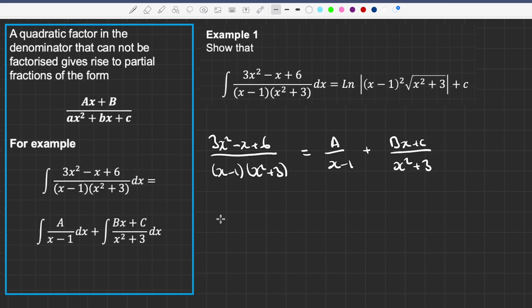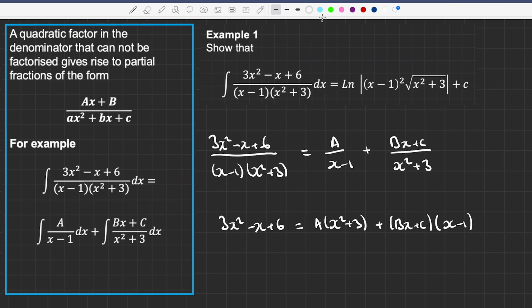So we get 3x squared minus x plus 6 is equal to, this x minus 1 will cancel with this one, so we're left with a lots of x squared plus 3 plus, and I'll put this bit in brackets, bx plus c lots of x minus 1, because this one will cancel with this one.